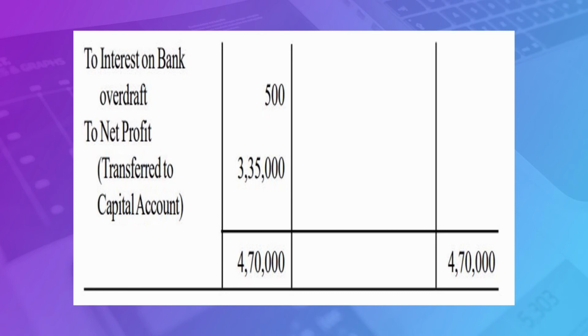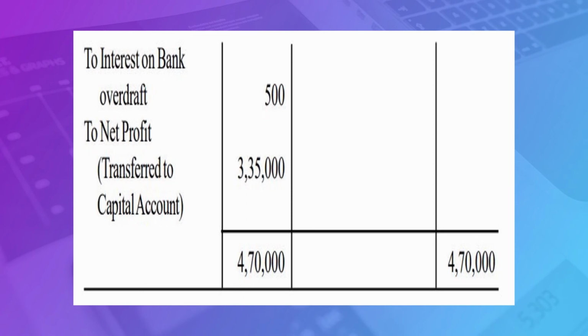Therefore, it is recorded in the debit side of profit and loss account. Then to net profit. So, this is the balance of excess of credit side of profit and loss account over the debit side of profit and loss account.